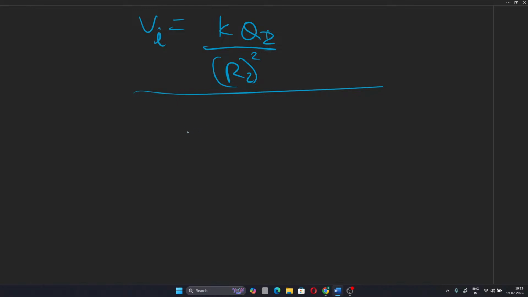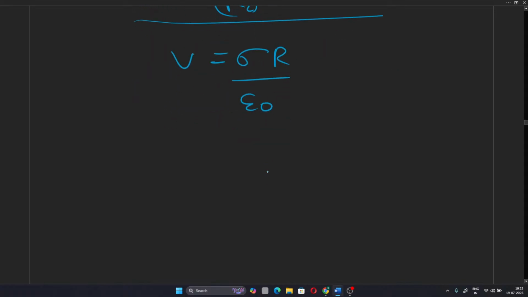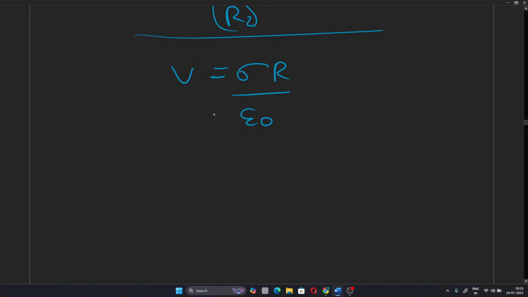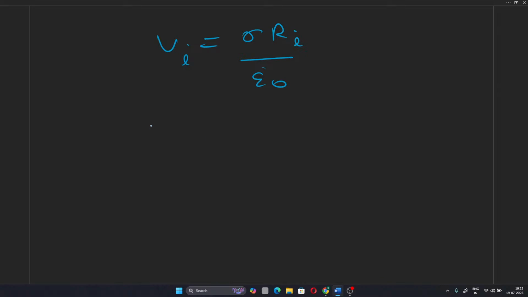It is better to use V equals sigma r by epsilon naught. Sigma is constant. So let's assume V initial equals sigma r initial by epsilon naught, and V final equals sigma r final by epsilon naught.